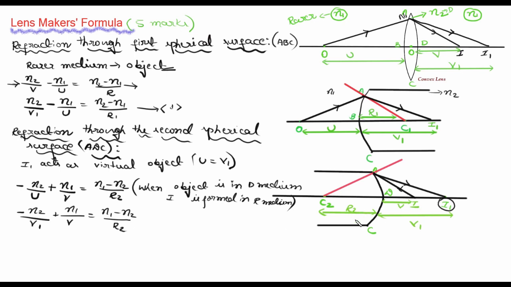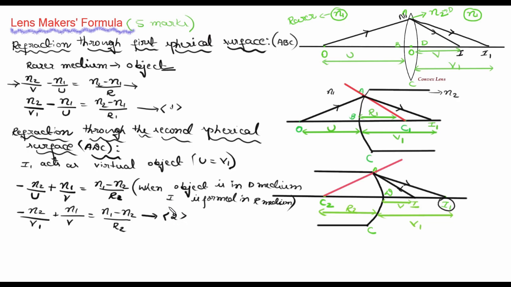Here the radius of curvature is R2. Actually, in the general representation you will just get R, but if you apply this equation to this situation, you will get R2 here. Now this is equation number 2.